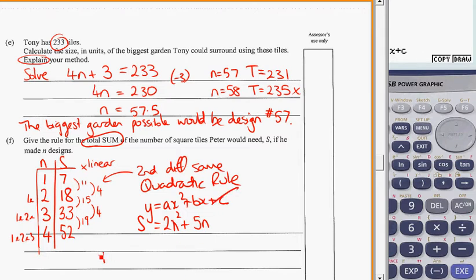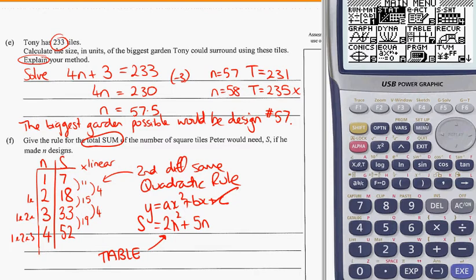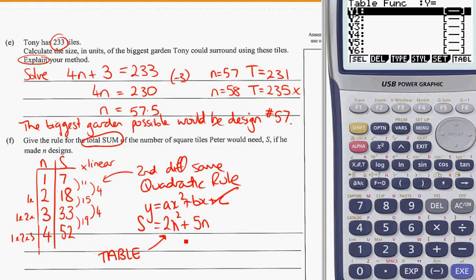We can always check that by going into table, putting that rule into table. Let's go over to here and work out how we could check that. A table in this calculator is number 7. So we'll put in that rule, 2 times x squared plus 5 times x.